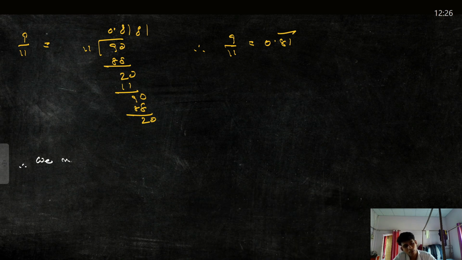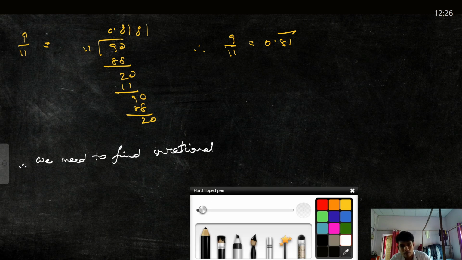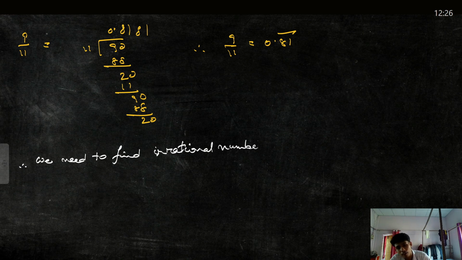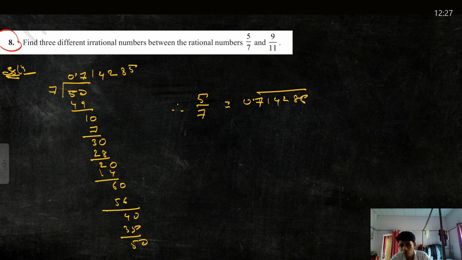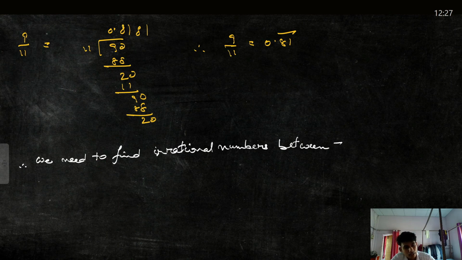Therefore we need to find irrational numbers between 0.714285 bar and 0.81 bar.